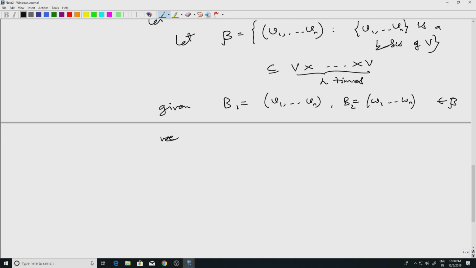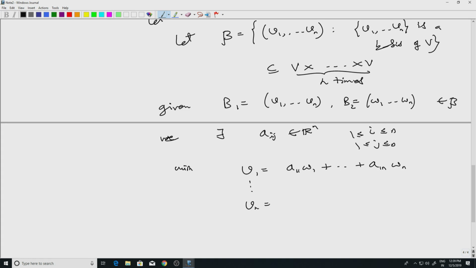there exist Aij in R, i between 1 and n, j between 1 and n, such that I can expand v1 in terms of the w's: A11 w1 plus ... plus A1n wn, etc. Vn is An1 w1 plus ... plus Ann wn.